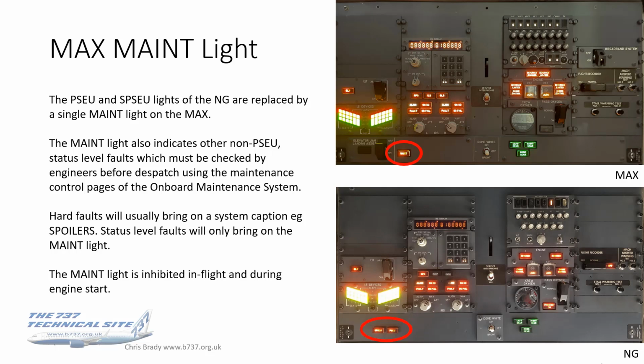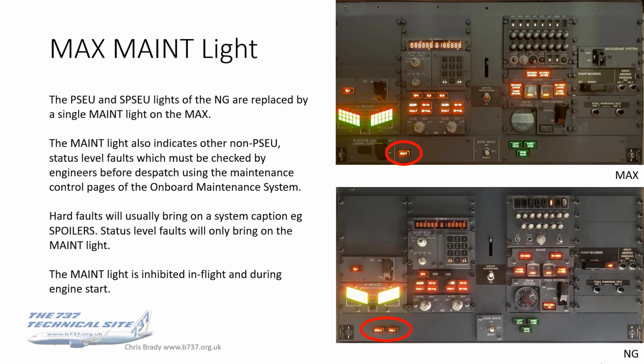The maintenance light also does other things other than the PSEU stuff. That's why they changed its name. So in addition to all the PSEU stuff that it does and you're familiar with from the NG, it does a whole load of other things. It monitors numerous systems, and what it will do is indicate what are called status level faults.